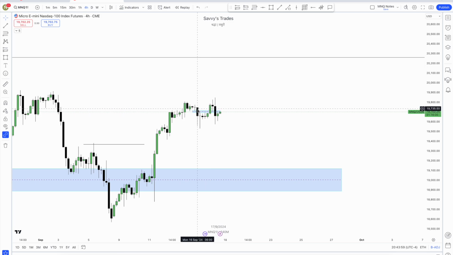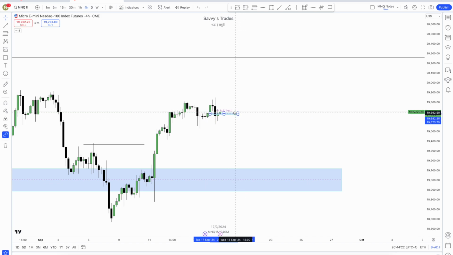We validated this down close candle or a series of down close candles to be an order block right here, and then the goal was to take this high. We took that high, and now the idea was to go down and reach into this BISI.